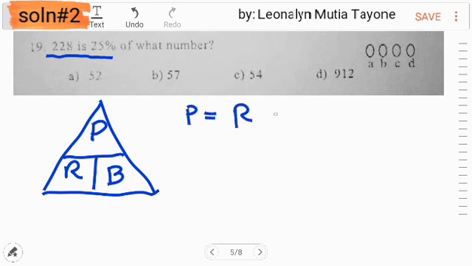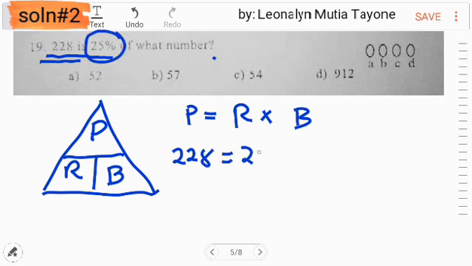This is portion equals rate times yung base. 228 is 25% of what number? Ibig sabihin, itong 228, yan yung portion. Then, yung rate na 25% times of what number?